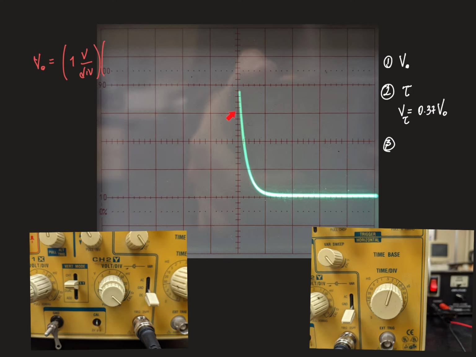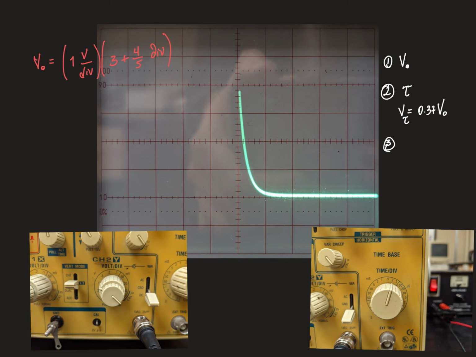In each division there are 5 more subdivisions, and in this case it took 4 of the 5. So we can say this is 1, 2, 3 divisions plus 4 of 5 divisions. That is to say, this is going to be 3 plus 4/5 divisions.